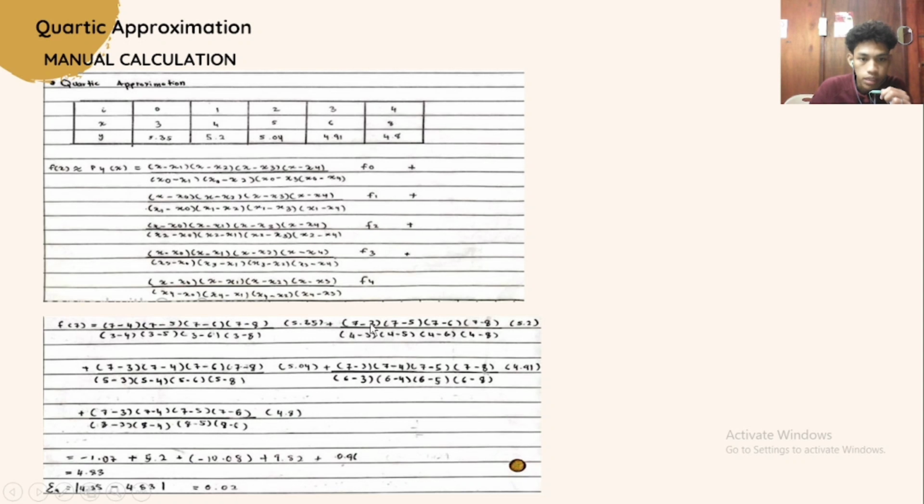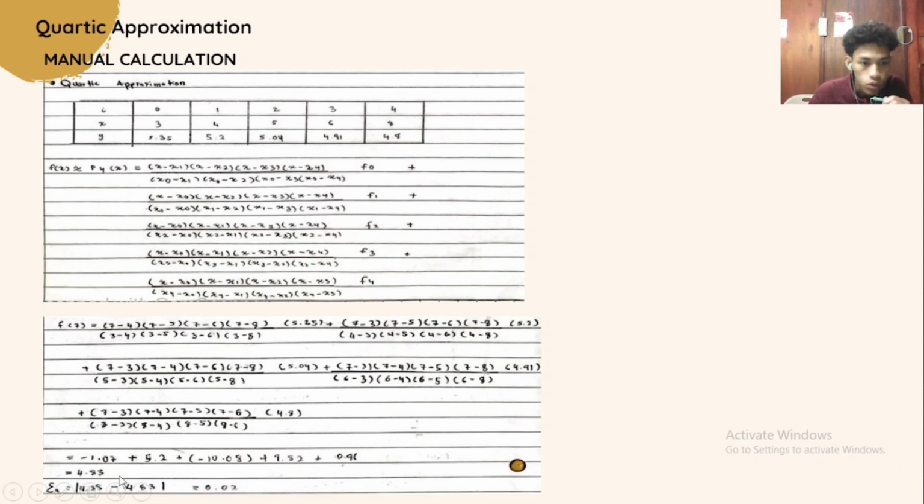And then for the second equation, we got 5.2. And then for this one, we got negative 10.08. And for this equation, we got 9.82. And for the last equation, we got 0.96. So our approximation value is 4.83.